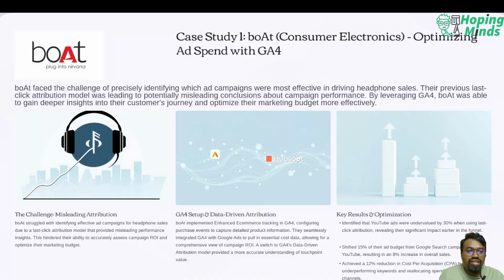performance. So by leveraging GA4 along with Google Ads, Boat was able to gain deeper insights into their customers' journey and optimize their marketing budget more effectively. Now, Boat implemented enhanced e-commerce tracking in GA4, configuring purchase events to capture detailed product information.